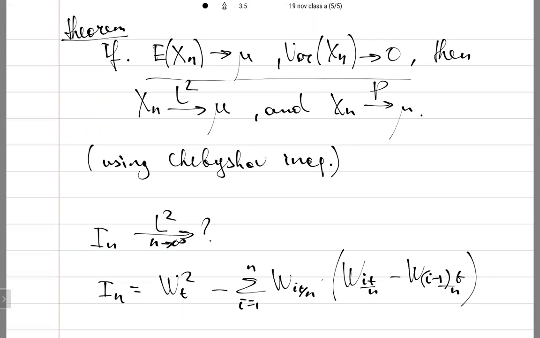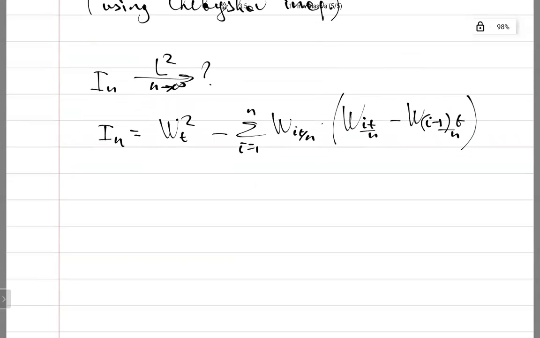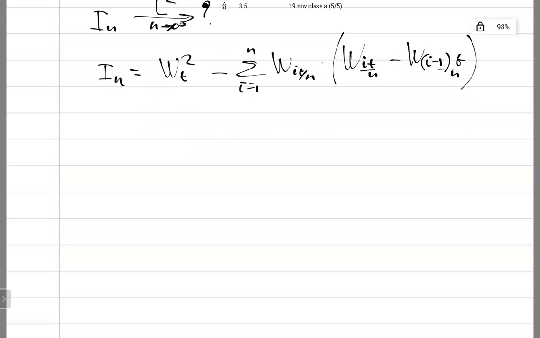Let's do it. Let's start with a simple example first. Let's consider the following example: the sum, i changes from 1 to n, of W(i t over n) minus W((i minus 1) t over n); this is not i, it is some kn.